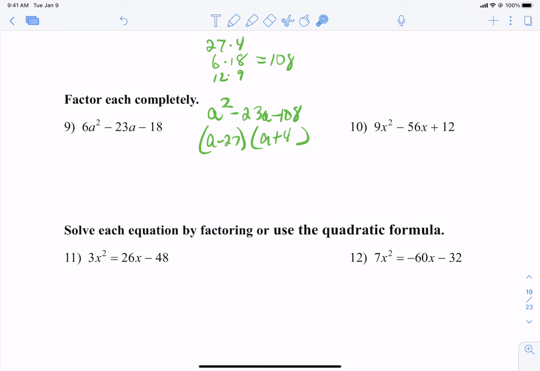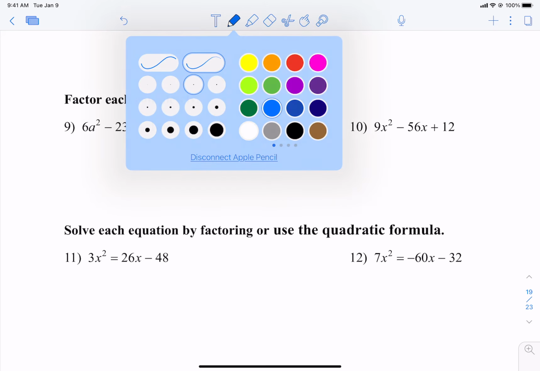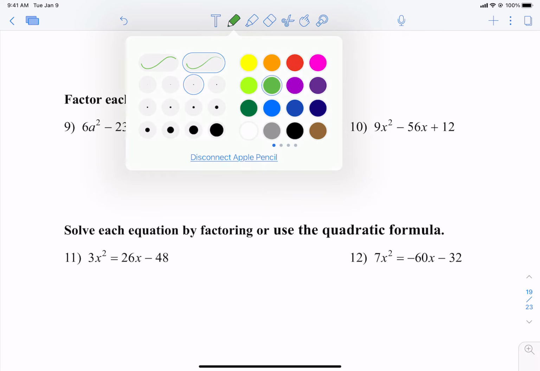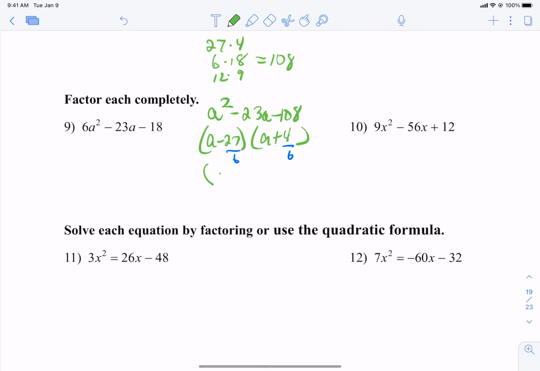Now let's remember why. If the middle sign is negative, we have to have the bigger number match that. Now, we slid over a 6. So let's divide by 6. Now we got to reduce those fractions as much as we can. 27 and 6 are divisible by 3, so that's 9 and 2.